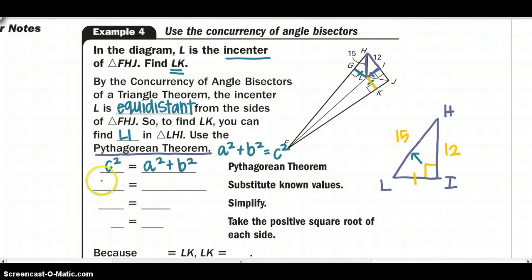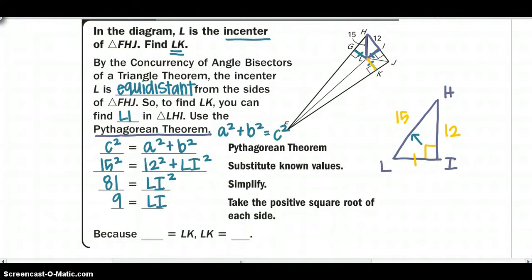So you can fill in the blanks with 15 squared equals 12 squared plus LI squared, and then you're going to subtract 12 squared, which gives you 81 equals LI squared. So LI actually equals 9. And because I know it's the incenter, LI actually equals LK, what I'm trying to solve for. So LK will now equal 9.